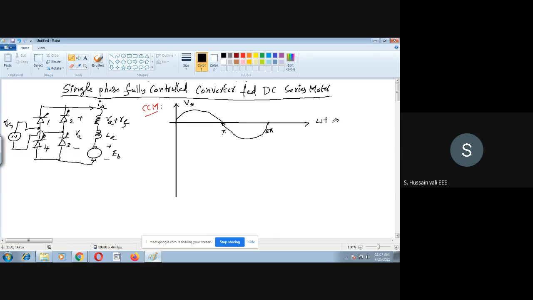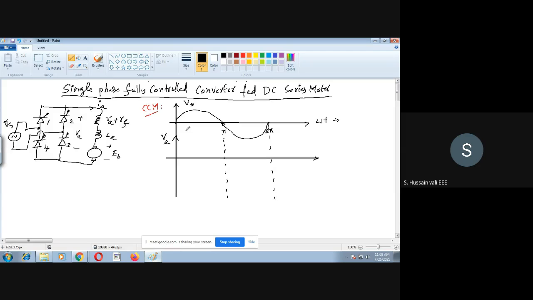Now we will draw the output voltage Va, the output voltage of the converter. Here is pi, and this is 2 pi.